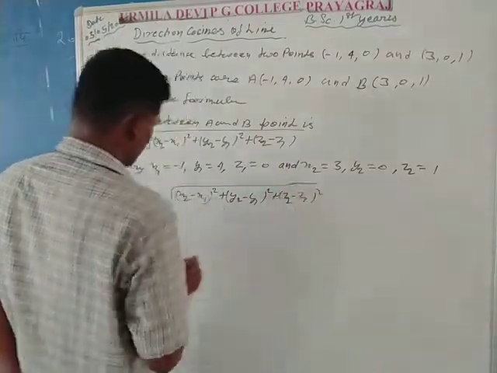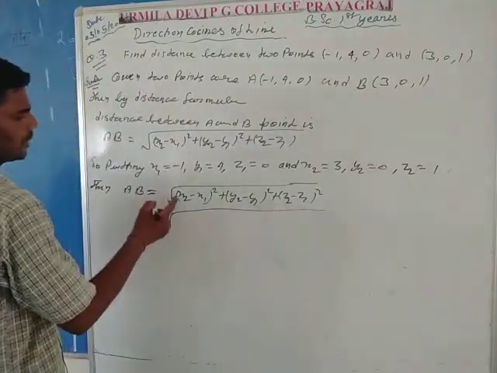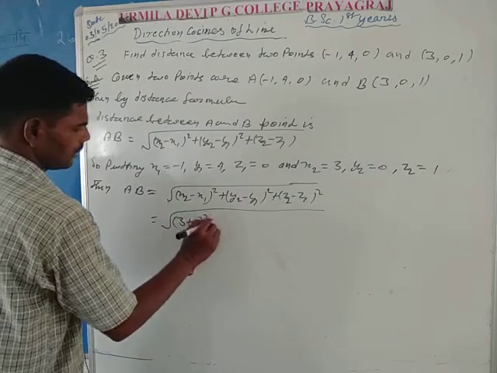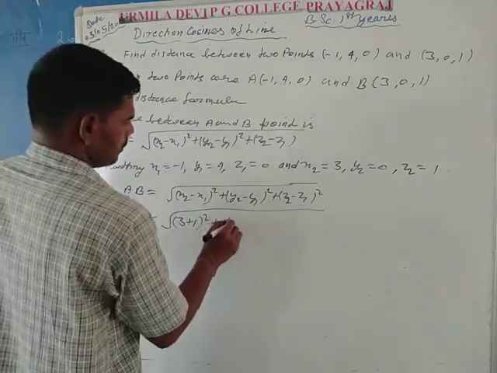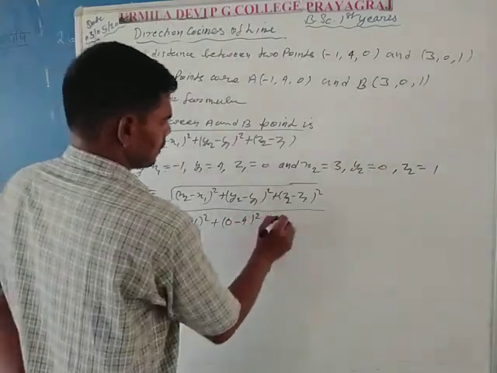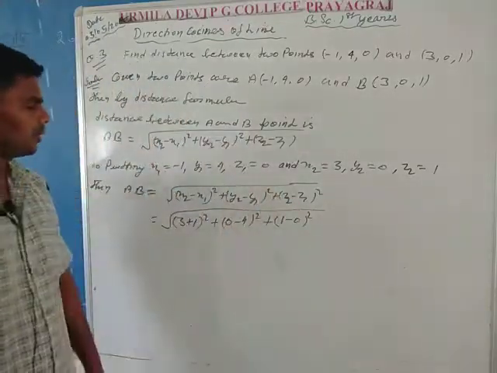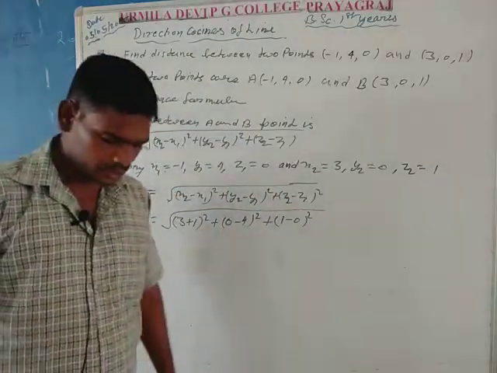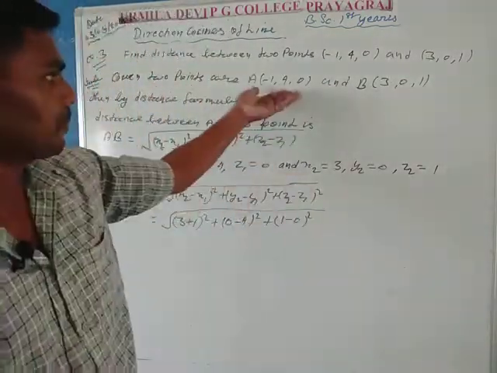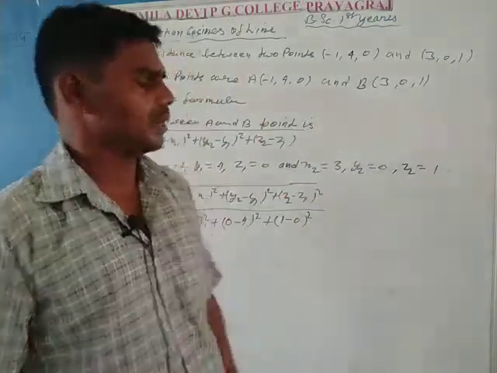Putting all the values of x1, y1, z1 in this, x2 minus x1 is 3 minus of minus 1, that is 3 plus 1 whole square, plus y2 minus y1 is 0 minus 4 whole square, plus z2 minus z1 is 1 minus 0 whole square. Putting all the values according to the question, the first point as the first coordinates and the second point as the second coordinates.